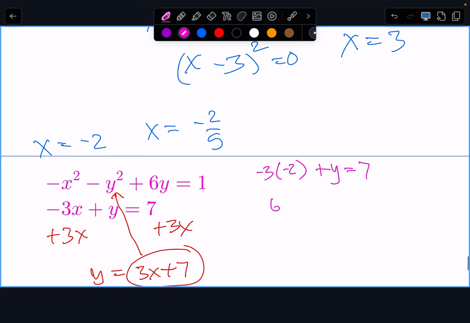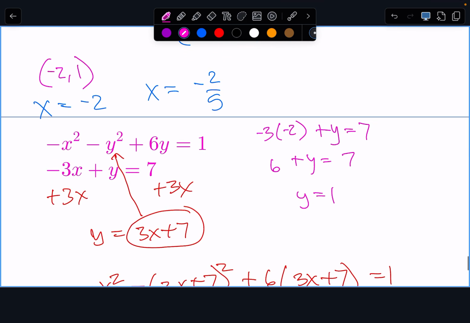That's -6 plus y equals 7, so y equals 1. So this version, -2, 1.